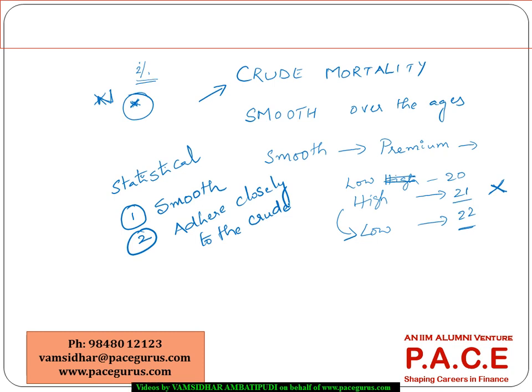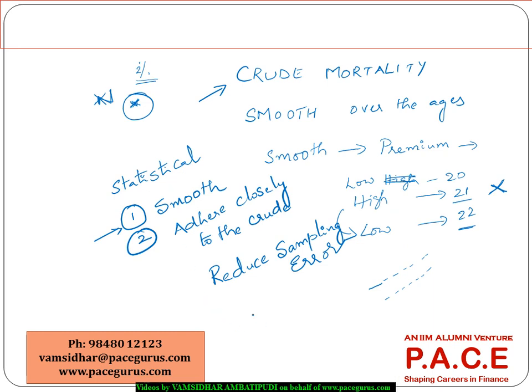The major intention is to smoothen the mortality rates and reduce the error because of the sample collected, to reduce that sampling error to whatever extent possible, and to see that as the ages increase, mortality also keeps increasing.